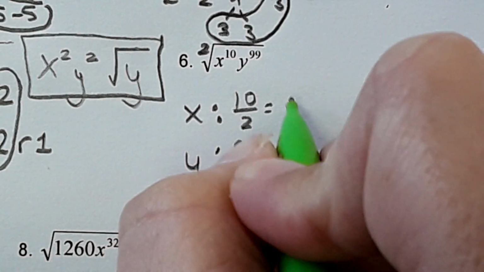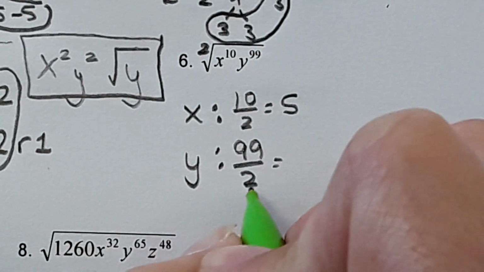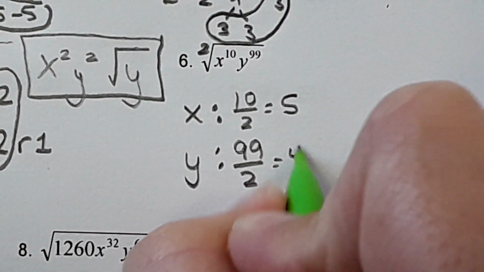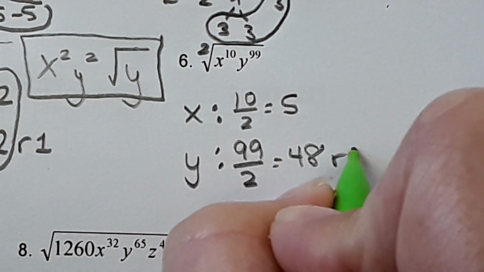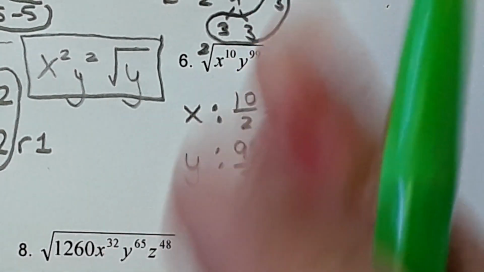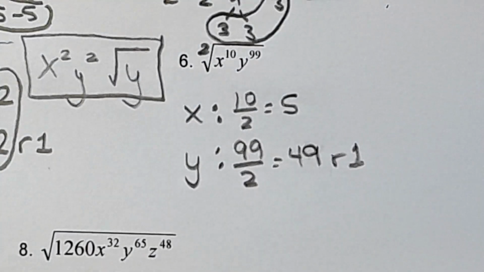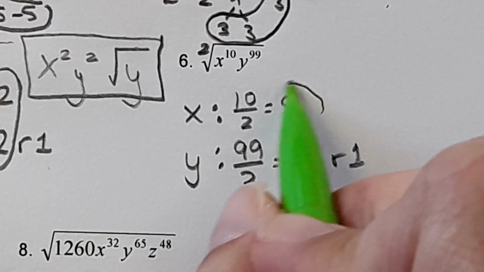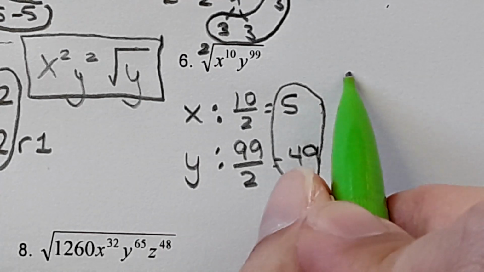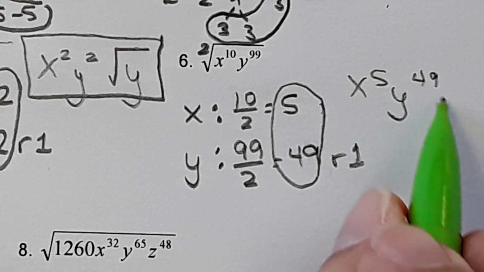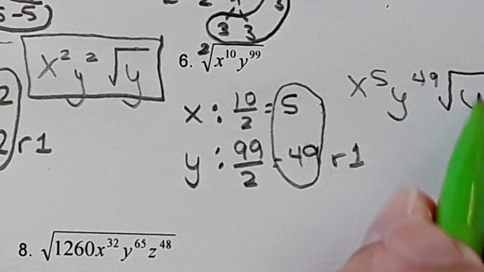So 10 divided by 2 is 5. 99 divided by 2 is 49 remainder 1. So these come out. We get x to the 5th power, y to the 49th, and the remainder 1y stays in the radical.